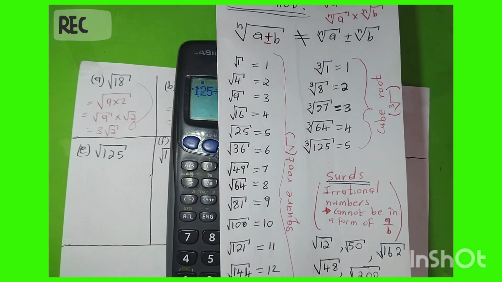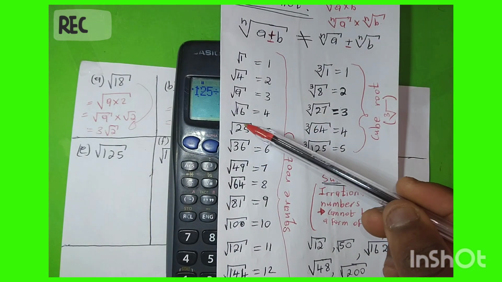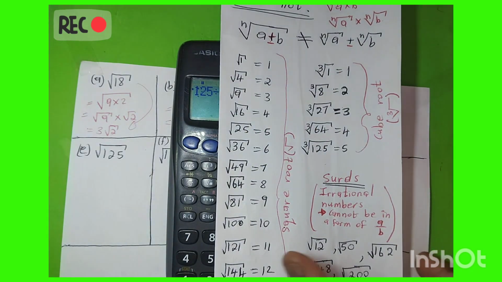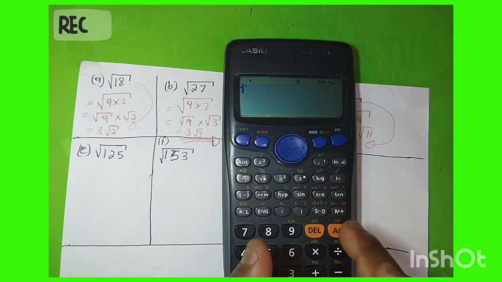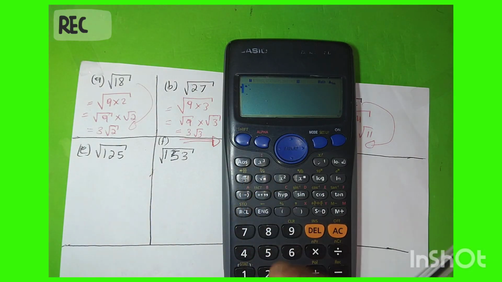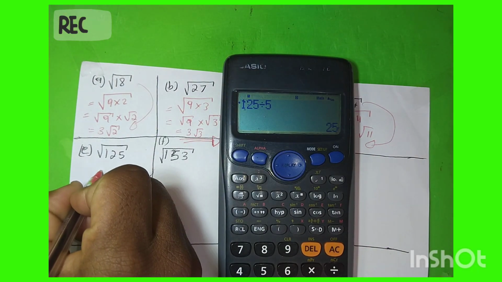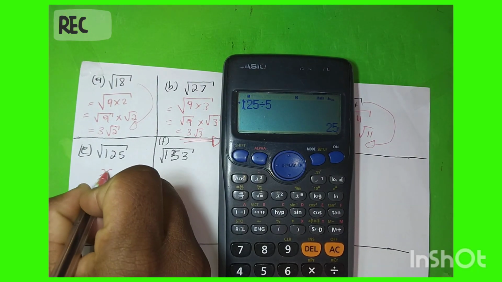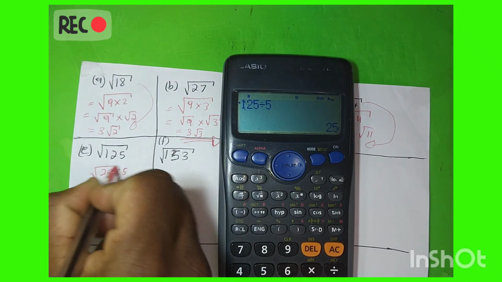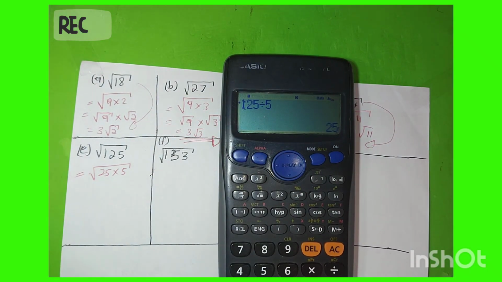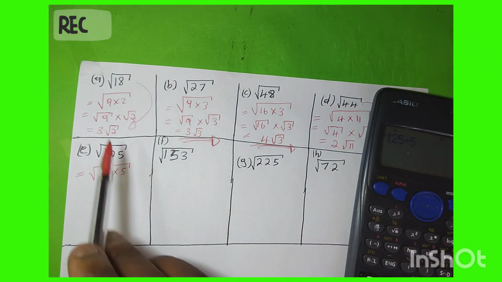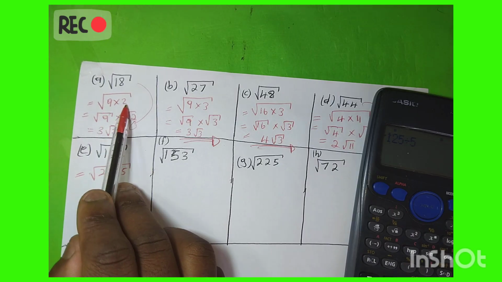Because here is a perfect square. As you can see, my perfect square is 25. So it means that now I divide them, and here I get 5. I can write this in the form of 25 multiplied by 5. And guys, it's better for you to start all the time by multiplying a perfect square with a number.